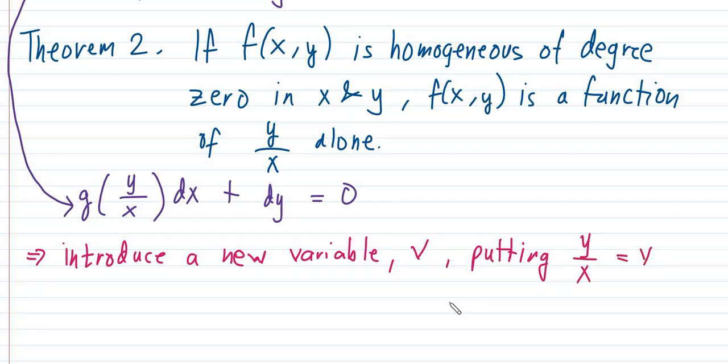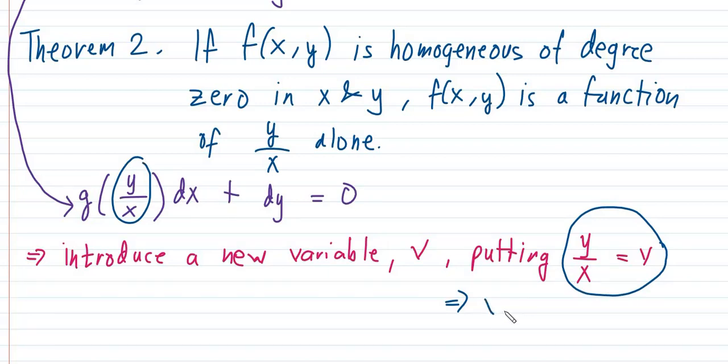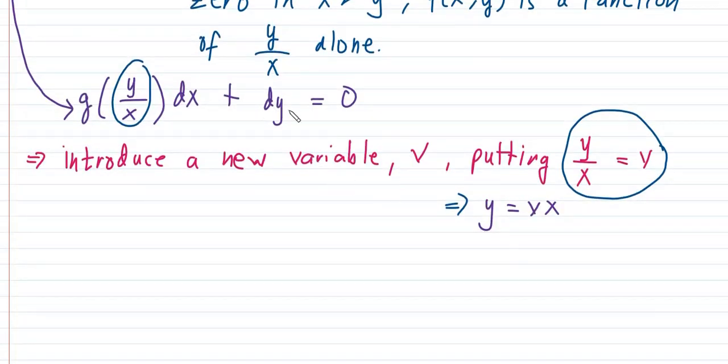Therefore y is equal to vx. To substitute for differential y, from y equals vx, I now have v dx plus x dv.